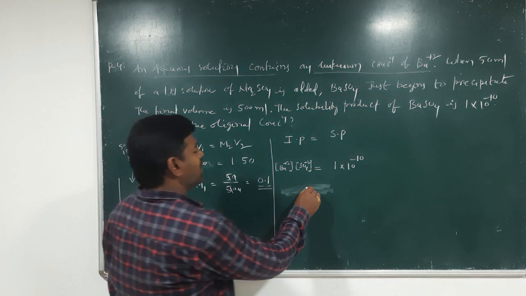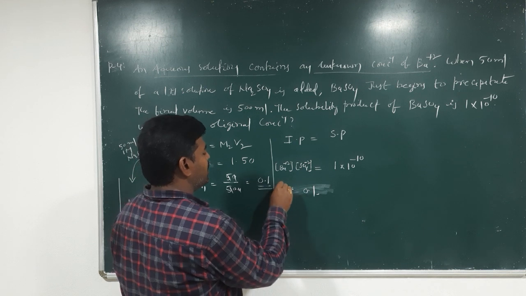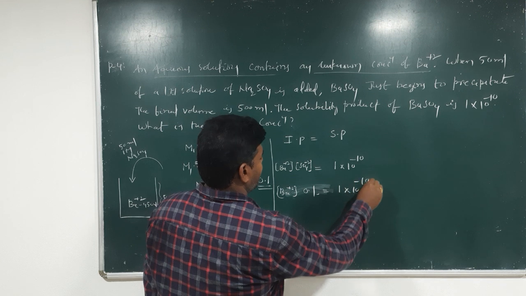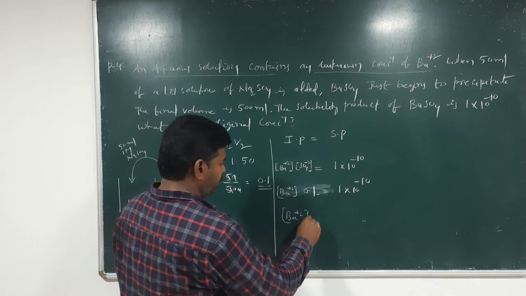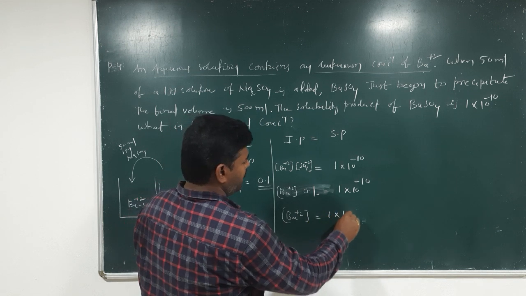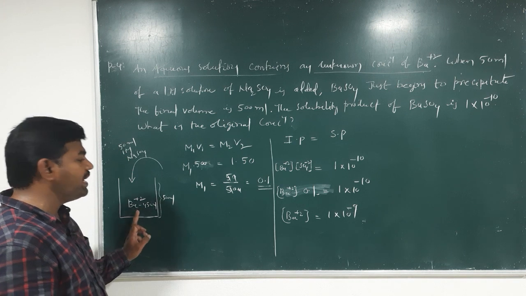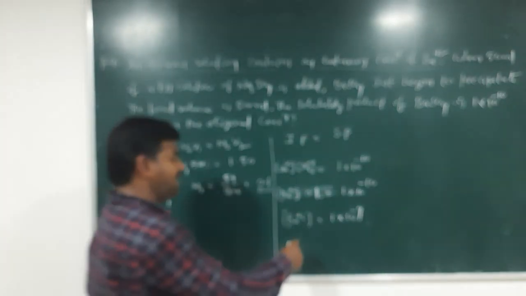The concentration of SO4 minus is 0.1 and the concentration of Ba plus 2 is 1 into 10 power minus 9. So, the concentration of barium plus 2 is 1 into 10 power minus 9.